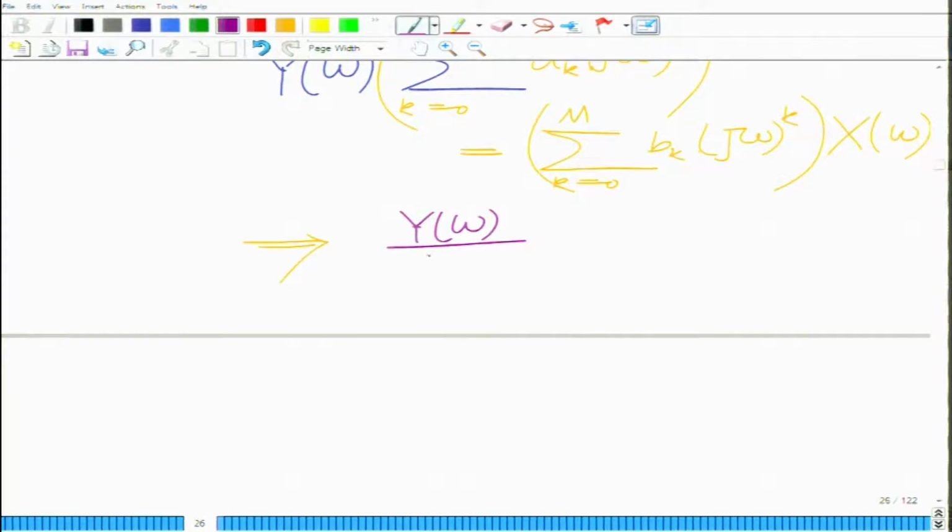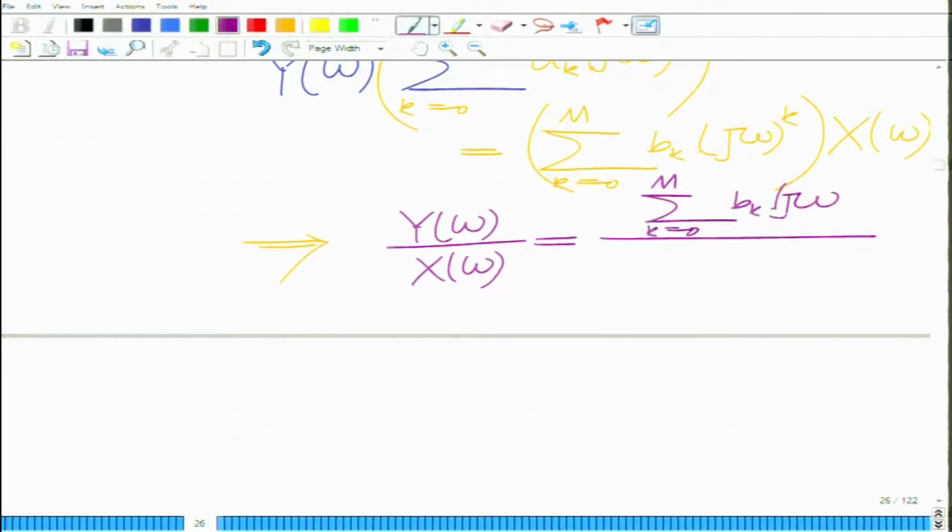which implies that Y(omega) over X(omega), which is nothing but the transfer function H(omega), is summation k equal to 0 to m b_k (j omega)^k divided by summation k equal to 0 to n a_k (j omega)^k.